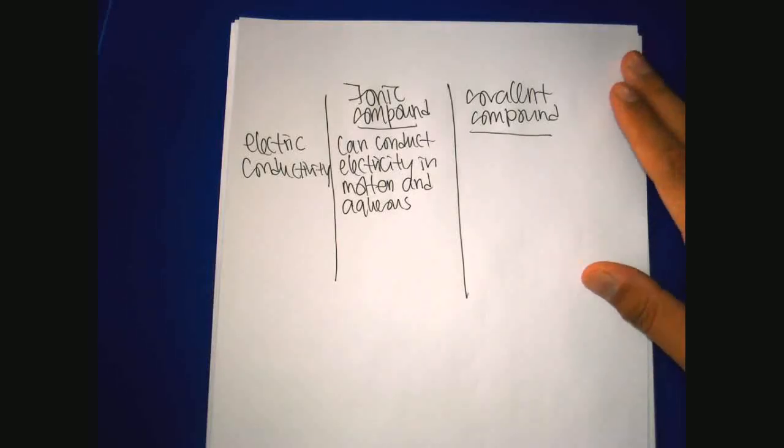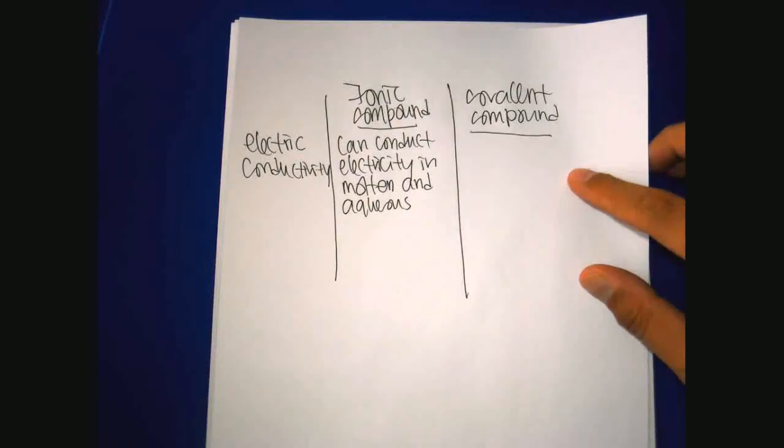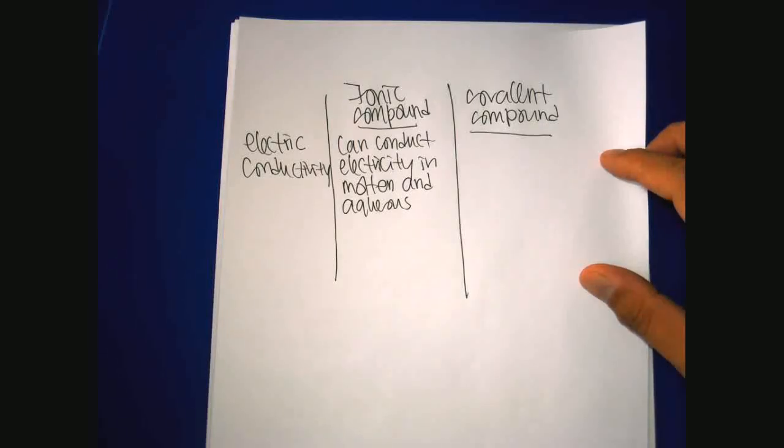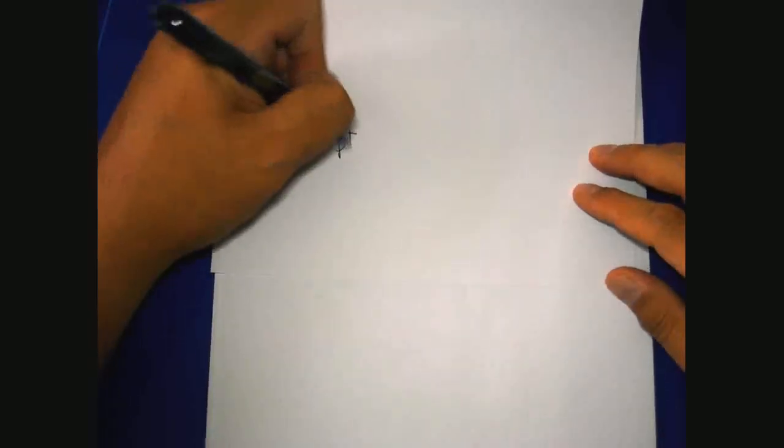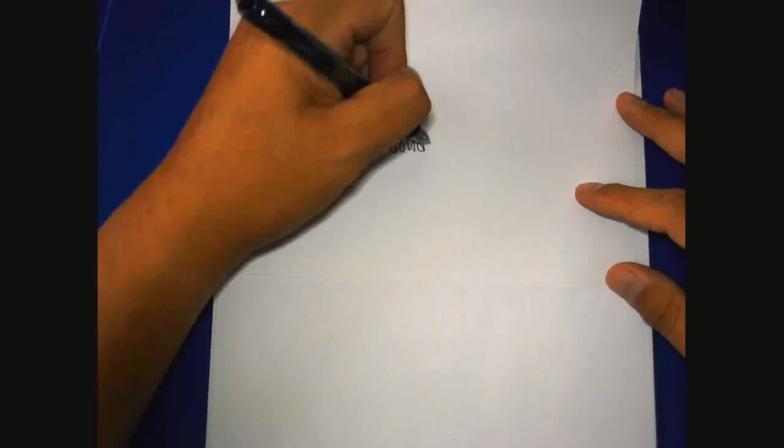First of all, you have to understand what is molten and what is aqueous. This concept you will relearn in your Form 4 Chapter 6 Electrochemistry. Important. So what is the difference between molten and aqueous? When you come from PD3, you learn about solids, liquids and gases.